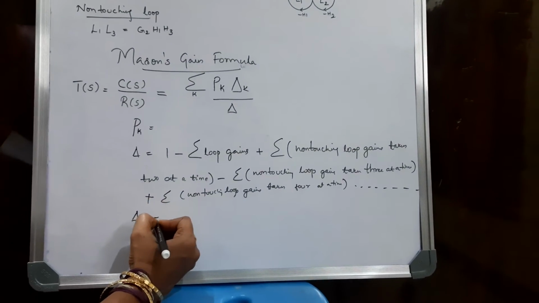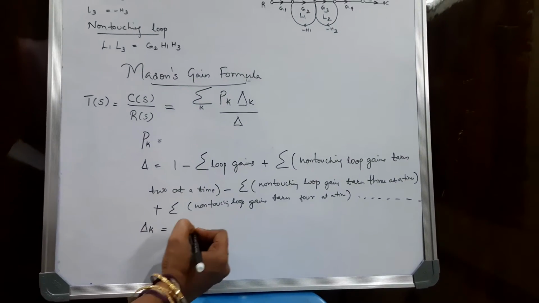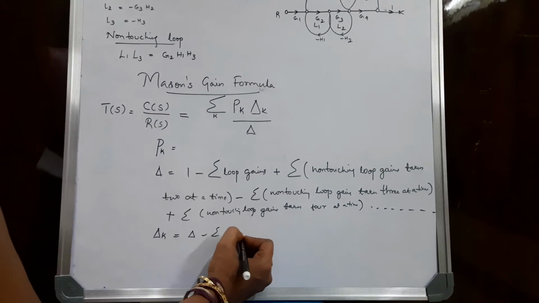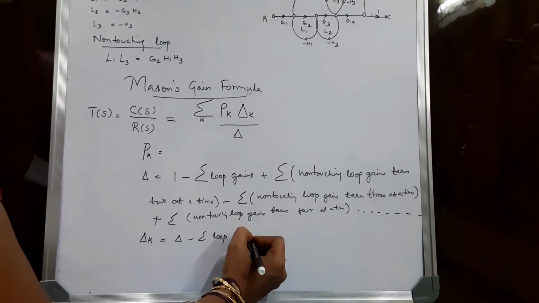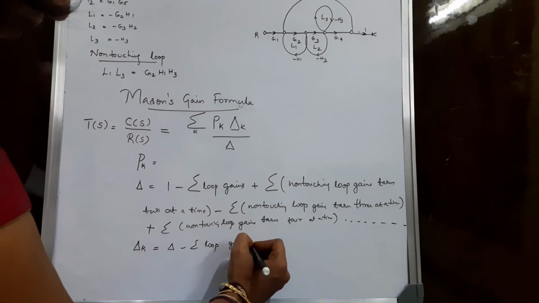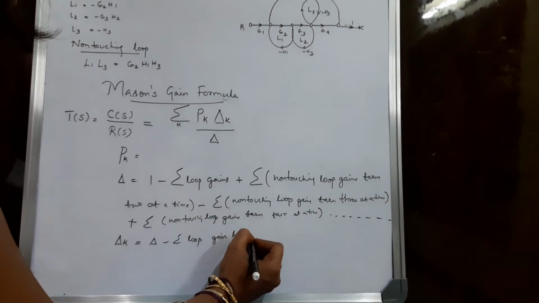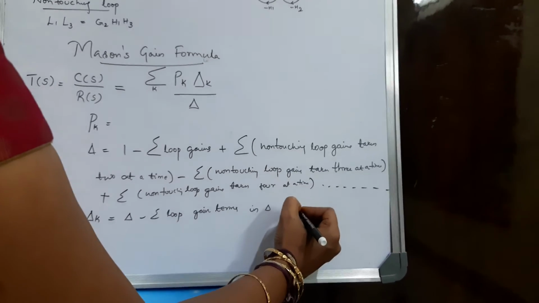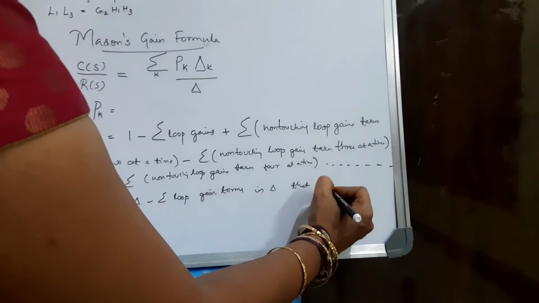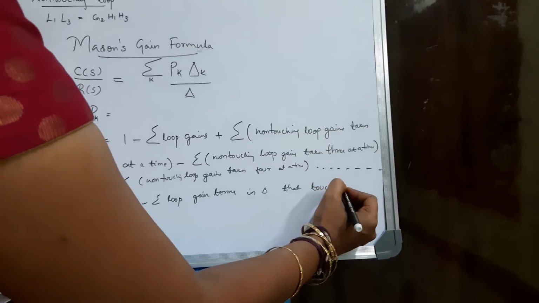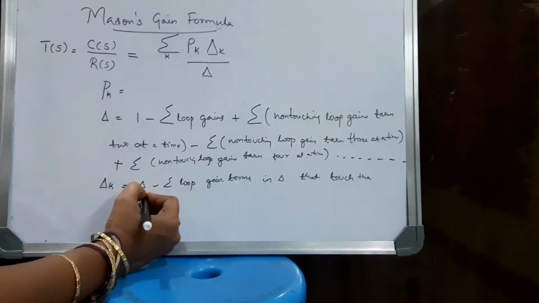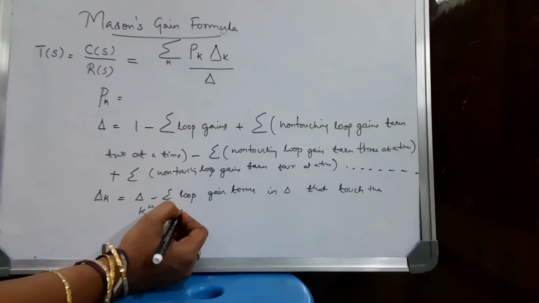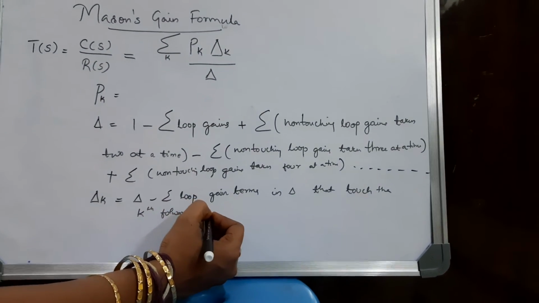Delta k is defined as delta minus summation of loop gain terms in delta that touch the kth forward path.